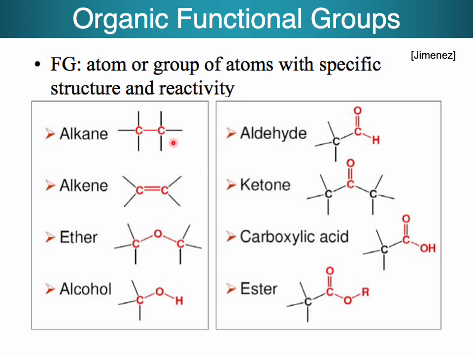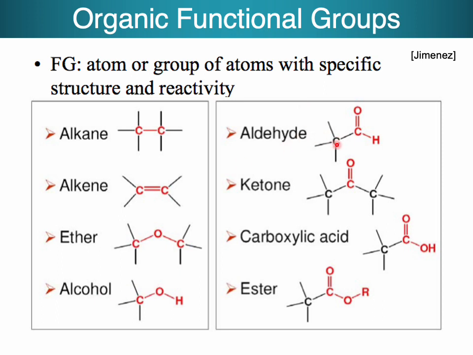So I should clarify what I just mentioned, what functional groups are. Functional groups are atoms or groups of atoms with specific structure and reactivity. So for instance, alkane, basically any carbon-carbon single bond; alkene, carbon-carbon double bond. And when you say the term ether, it has such a functional group, carbon bonded with oxygen, which is then bonded with another carbon. We call it the ether functional group. Alcohols are anything that has a carbon bonded with oxygen, which is also bonded to a hydrogen, in such an arrangement.